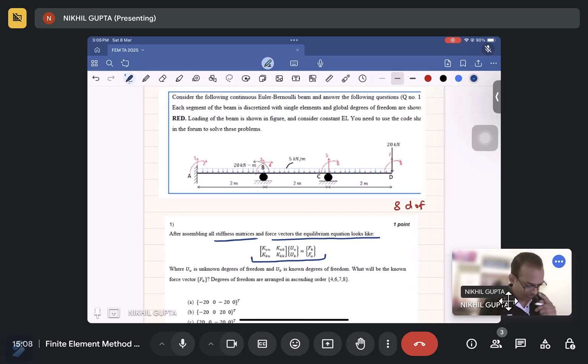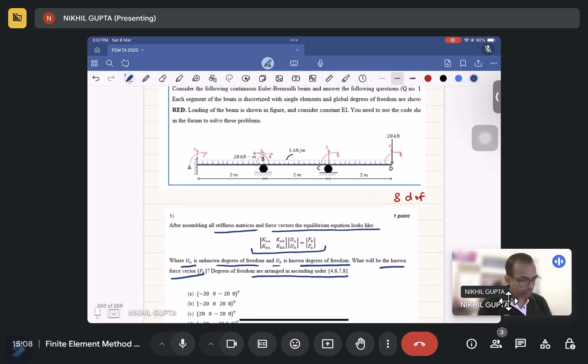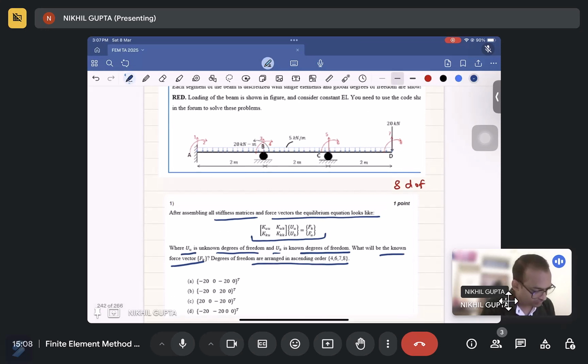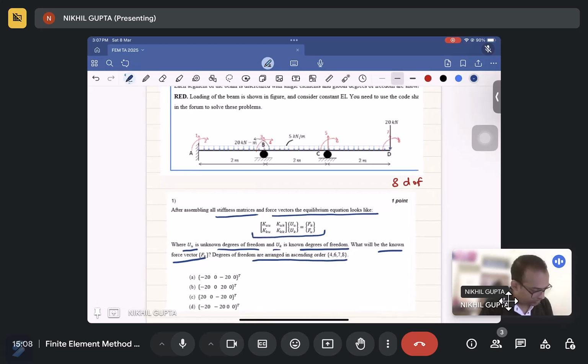The terms are defined as U_U for unknown degrees of freedom, U_K for known degrees of freedom, and they are asking what will be the known force vector, with degrees of freedom arranged in ascending order as 4, 6, 7, 8. Now you have to find F_K, the known force vector.